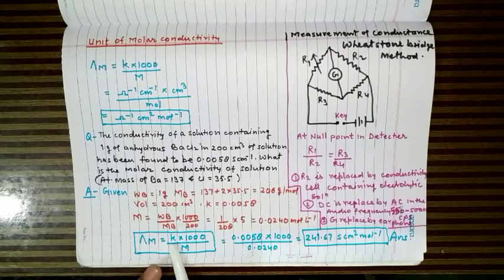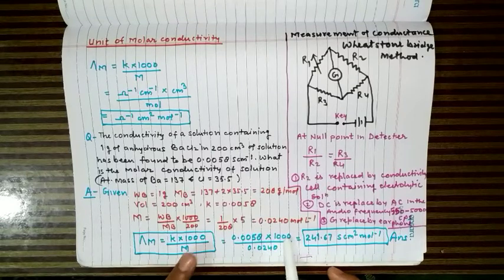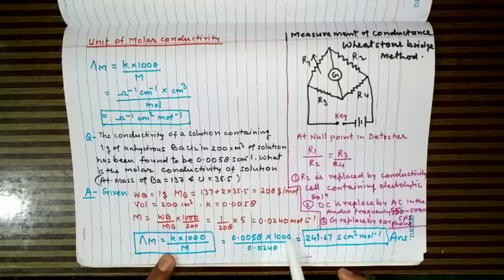Kappa is given, it is 0.0058 into 1000 upon molarity, which is 0.024. So on solving you will get 241.67 Siemens centimeter square per mole.